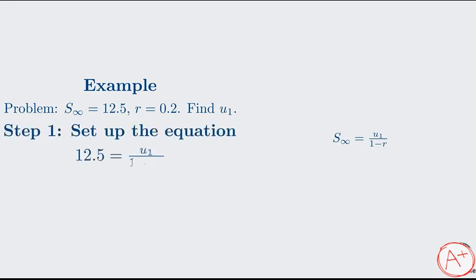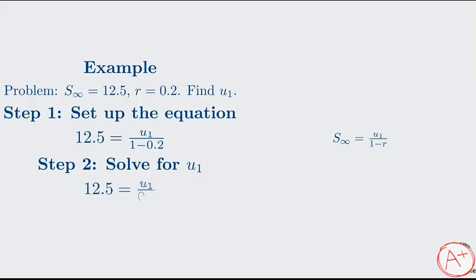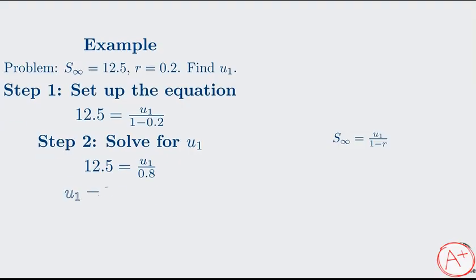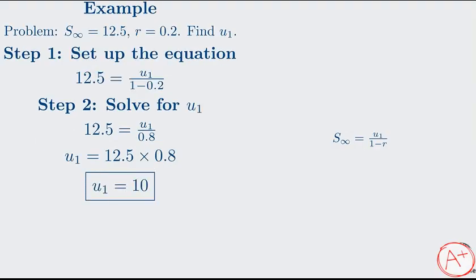This gives us 12.5 equals u1 divided by the quantity 1 minus 0.2. Simplifying the denominator, we have 12.5 equals u1 divided by 0.8. To isolate u1, we multiply both sides by 0.8. 12.5 times 0.8 equals 10. Therefore, the first term of this series is 10.